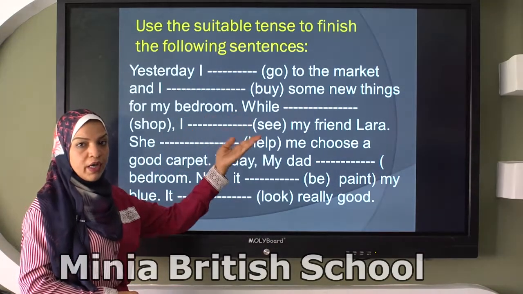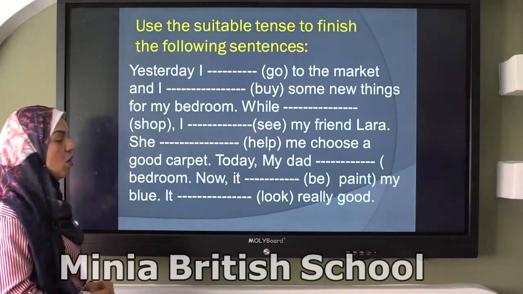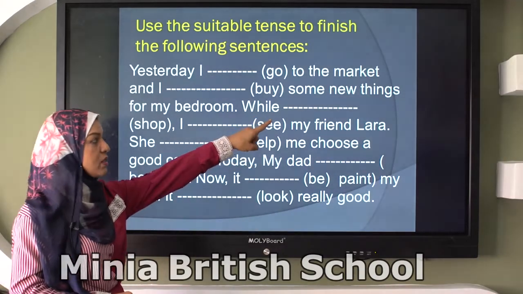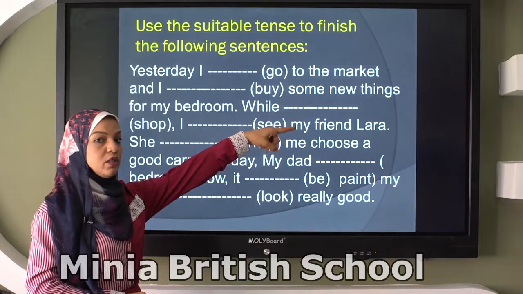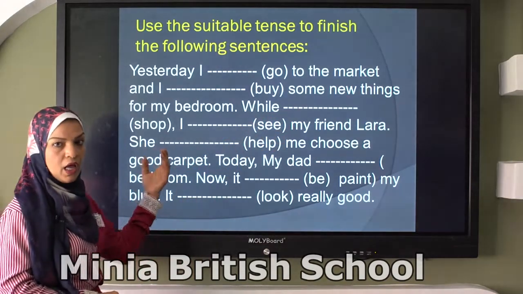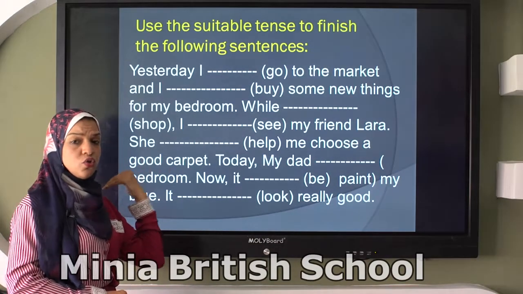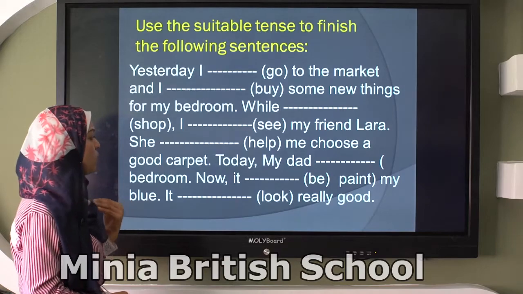So you say, while shopping, I saw my friend Laura. Why the past simple? Because it interrupted another action that was ongoing. She helped me, because you're still referring to an action that started and ended in the past. Choose a good carpet.